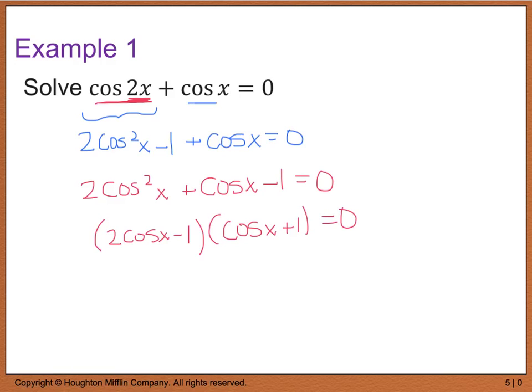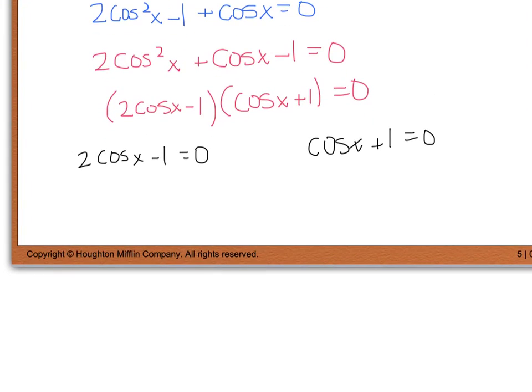And now I can set each factor equal to 0 because of the zero product property. So I have 2 cosine x minus 1 equals 0, and I have cosine x plus 1 equals 0. So now to solve, I'm going to add 1, divide by 2, so I have cosine x equals 1/2.